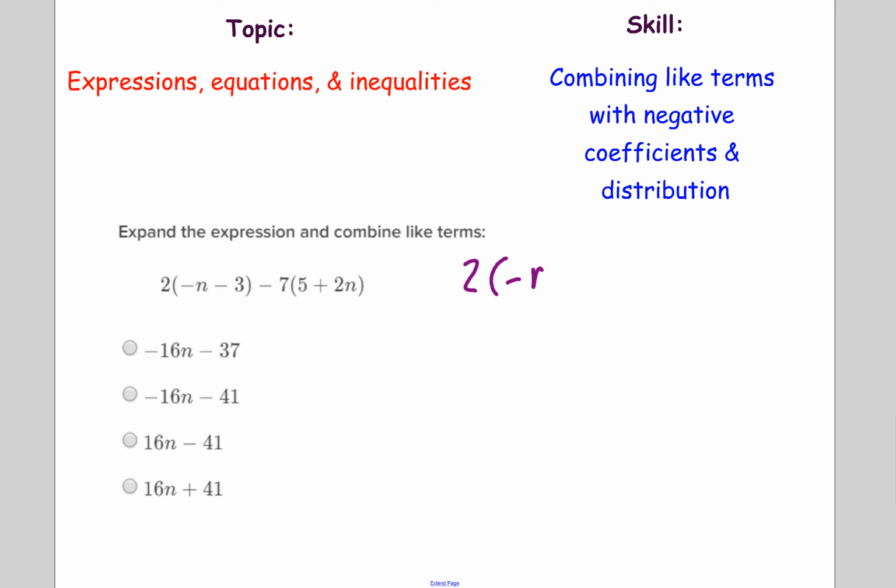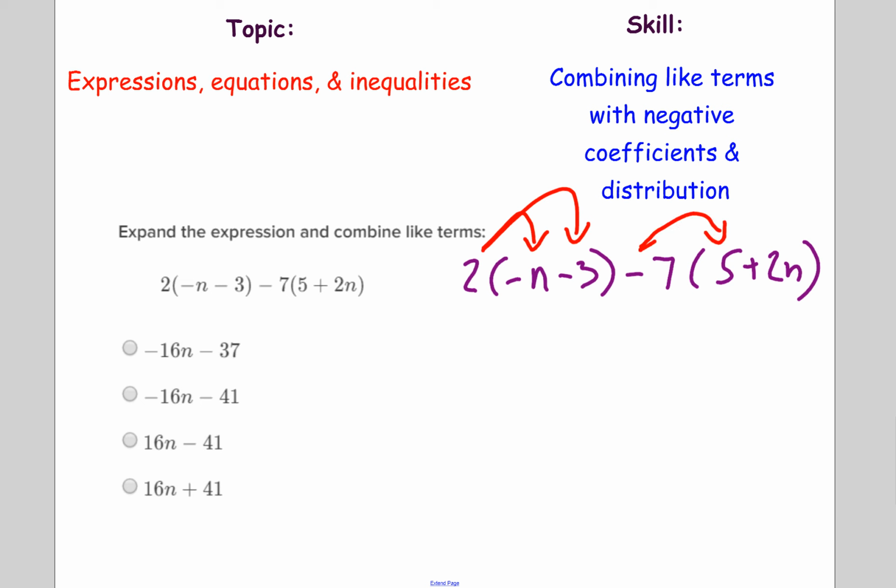So 2 times negative n minus 3 minus 7 times 5 plus 2n. If you do this, it's going to make it very simple to distribute. I would treat that as 2 times negative n and 2 times negative 3. And even though it's minus 7, treat it as negative 7 times 5 and negative 7 times positive 2n, and do that to distribute.